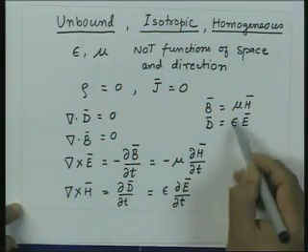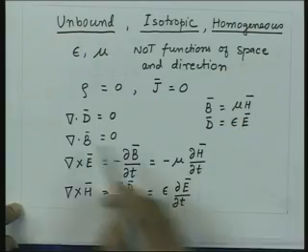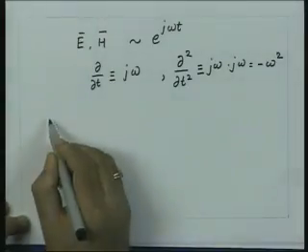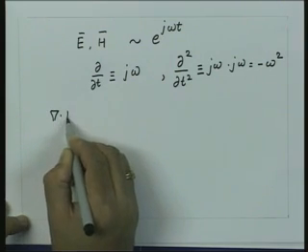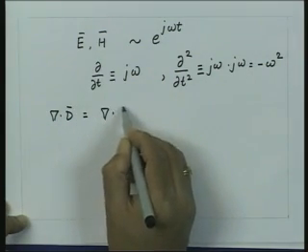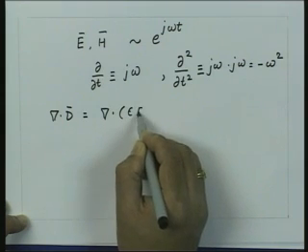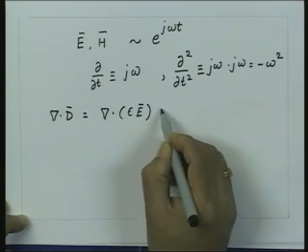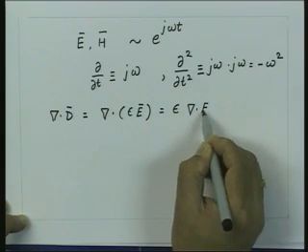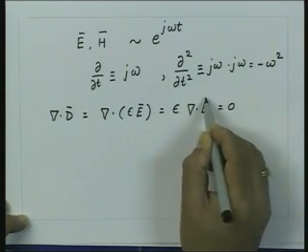And since mu and epsilon are not functions of space, they can be taken outside the del sign. So, we can now finally write the equation del dot D is equal to del dot epsilon times E, that is equal to epsilon del dot E, which should be equal to 0.